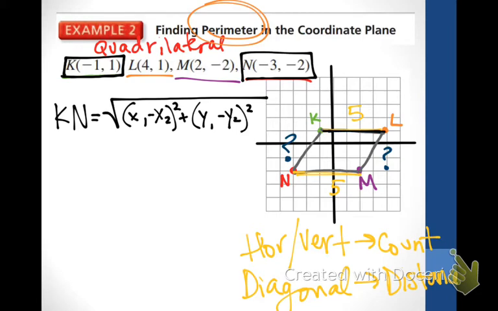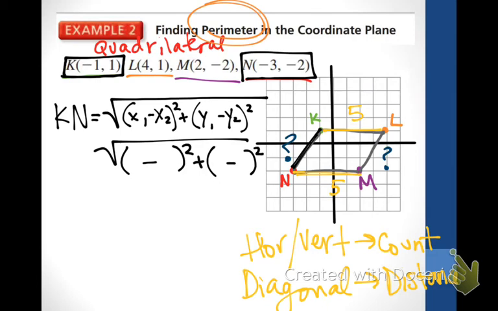I don't need to know the length of KL because the length of KL is 5. So if you use point K and point L, you're going to find the length is 5, and we already knew that. We want to plug in the points that we don't know the length. So we're going to use points K and N so we can find the length of that line.